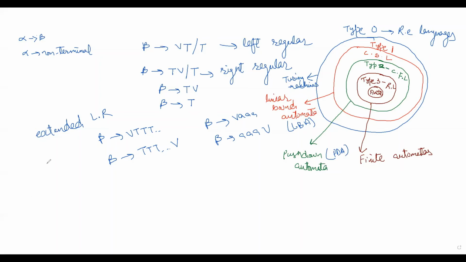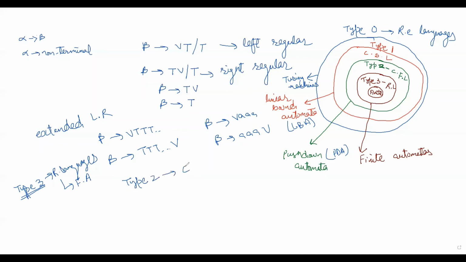Okay, so you have to keep in mind that for this particular grammar, type 3, we have already discussed the language of type 3, that is the regular language. We have already discussed these languages, and we have already discussed the mathematical model that recognizes these languages, that is finite automata. So we won't be discussing type 3 languages. Then comes type 2.